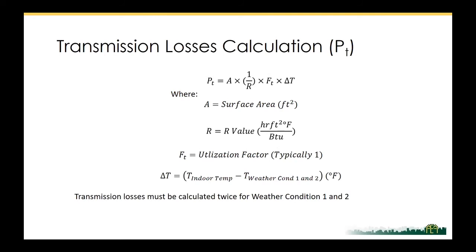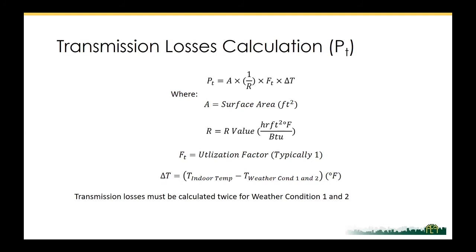So if we're calculating the cooling load, and you had a thermal mass, and you had heat coming into your building through solar gain, you actually have a utilization factor because you want to take that heat, heat up the thermal mass, and then at night it's going to reduce your heating load. But when you're calculating heating load, it's typically 1, and then you have your delta T, which is your indoor temperature minus your weather condition 1 and weather condition 2. So those were the cases that we had before.